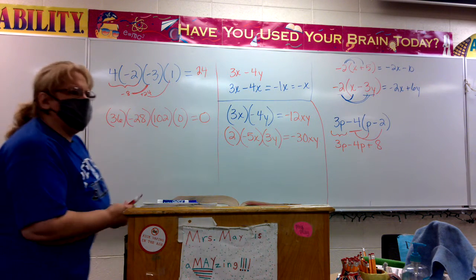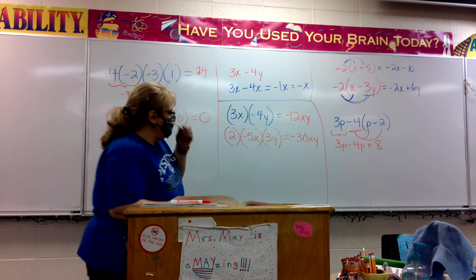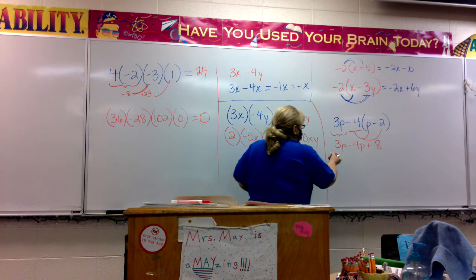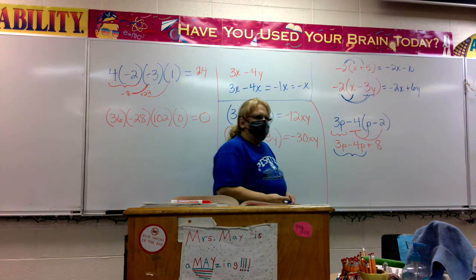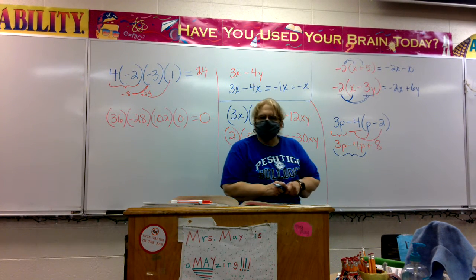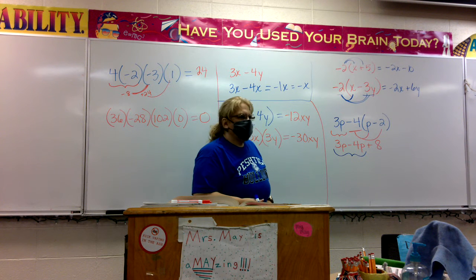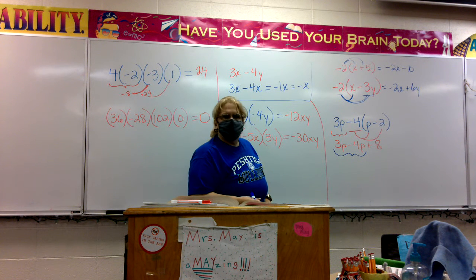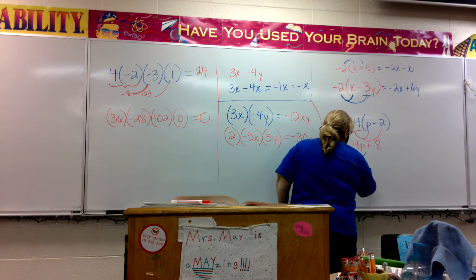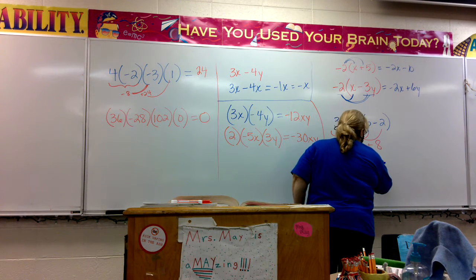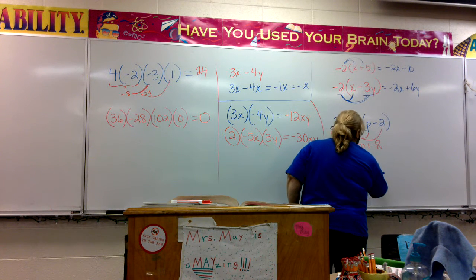Who says I'm done? Say, no, you're not. I'm not done because there's still some like terms I can combine here. What do you get if you do 3p and negative 4p? If you combine those, you get negative 1p. So you can either write it as negative 1p, or if you prefer, just negative p plus 8.